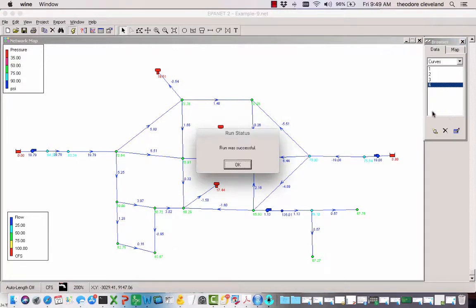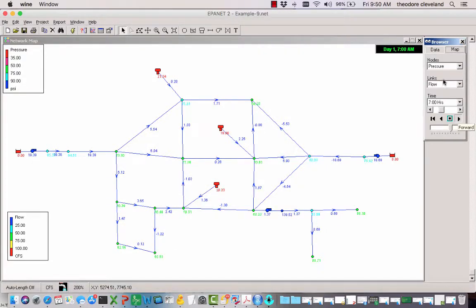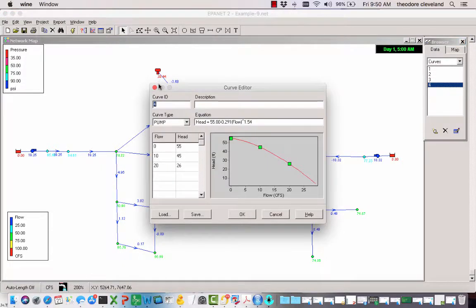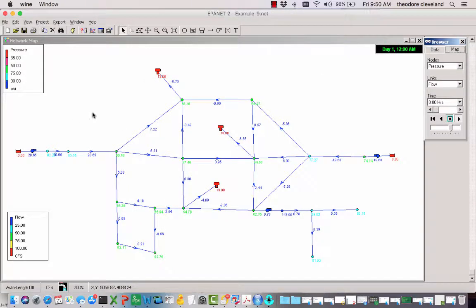Run it again. Keeping our eye right there. Still need more of a pump curve. I think we got it.